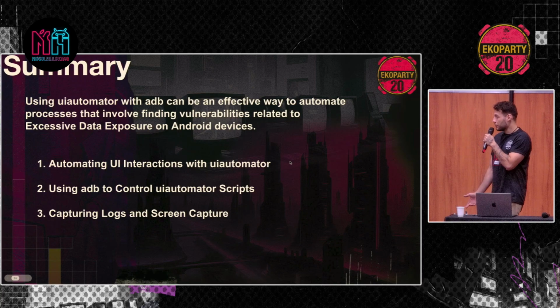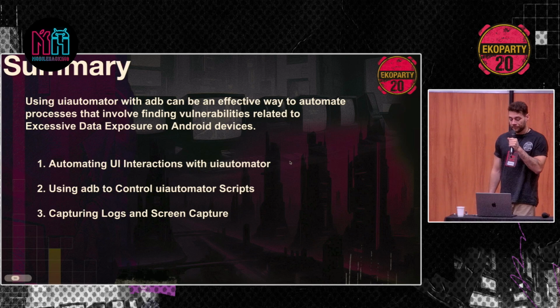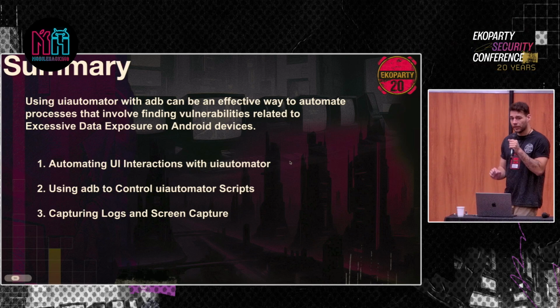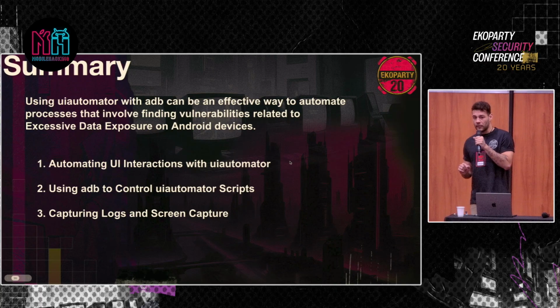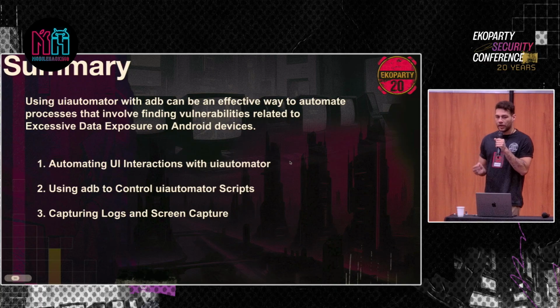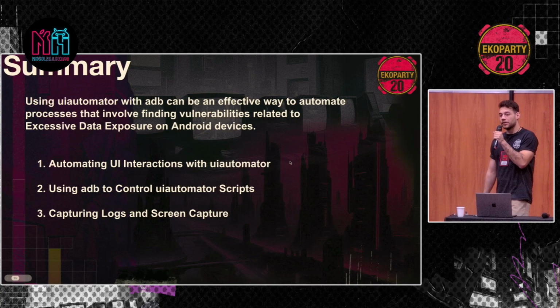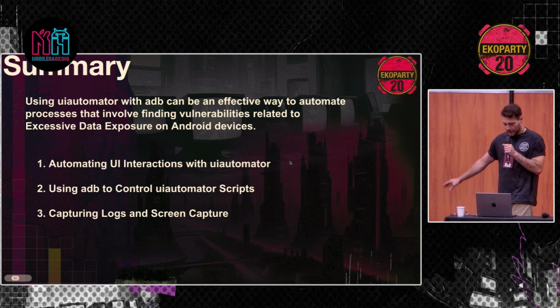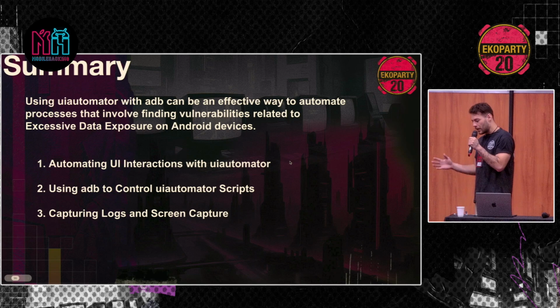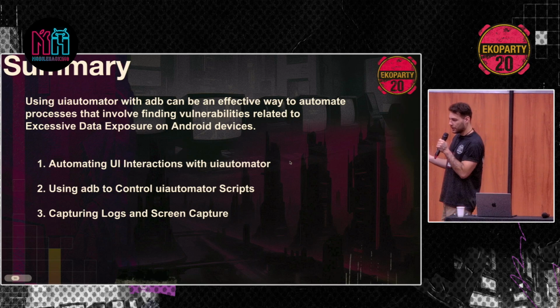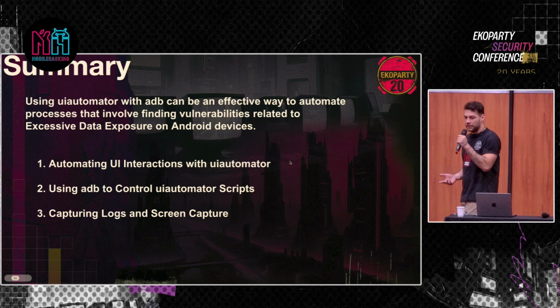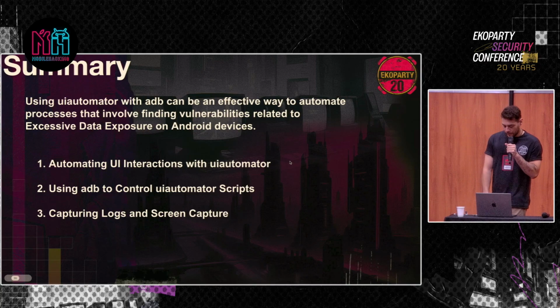Also capturing logs and screen captures. Sometimes the application won't tell you on the screen what is happening, but you can see this information in the logs. You can also use it. And the limit is your creativity. The random function was an example, but you can use this in a lot of ways in other applications to create maybe some new exploits or break some code.